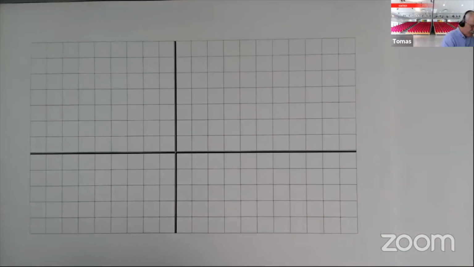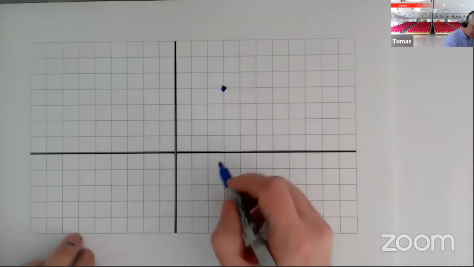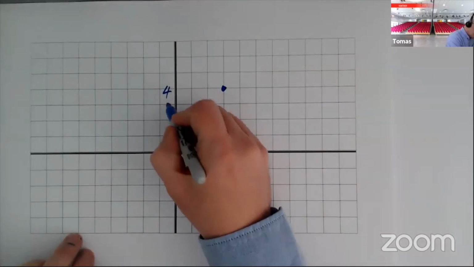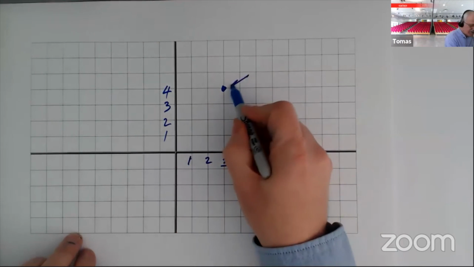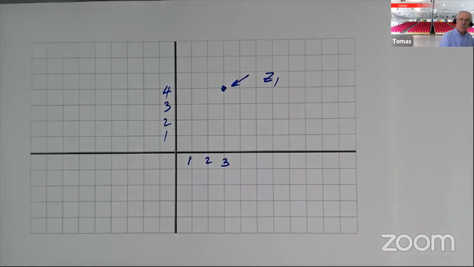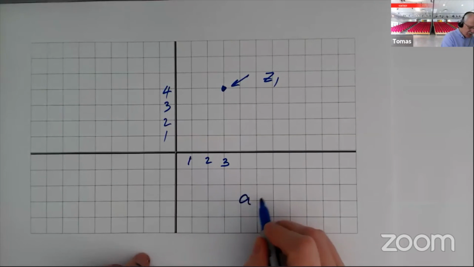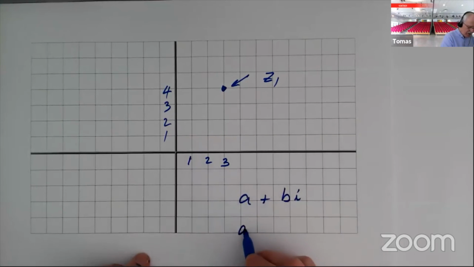The next question was like this. And they said, here is the Argand diagram, and this is a point on it. What is that point? What is it in terms of A plus BI? What is the A value and what is the B value?